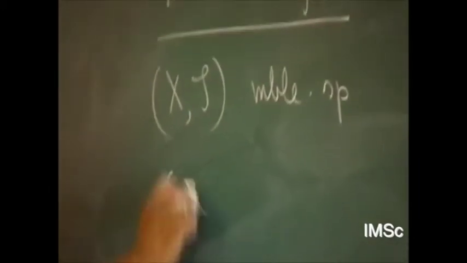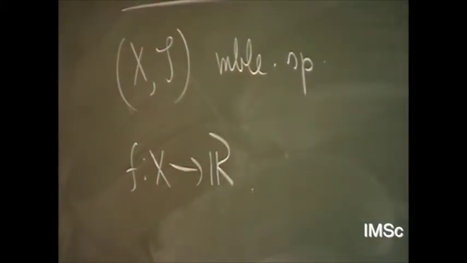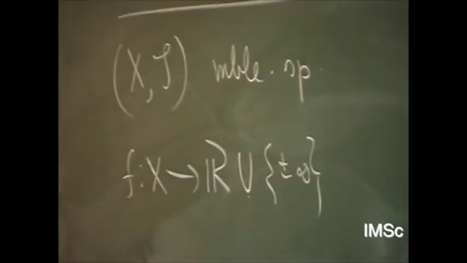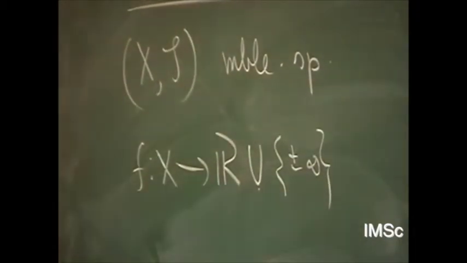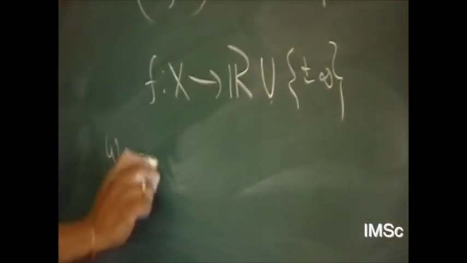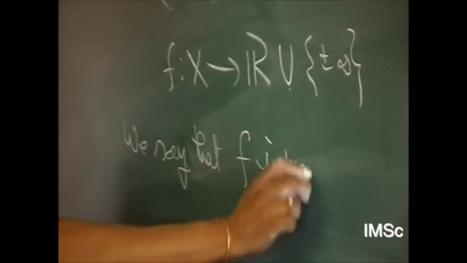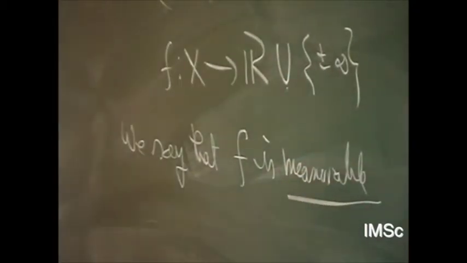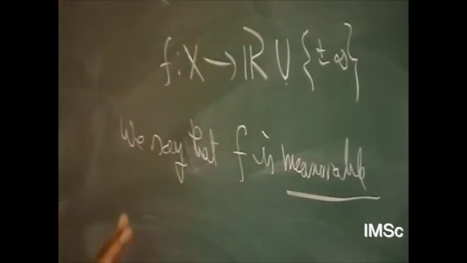And f is a function from X to the reals, but we can also, let's say, take the extended real values. We say that f is measurable. A set being measurable means it belongs to the sigma algebra. A function being measurable means it obeys the following definition.